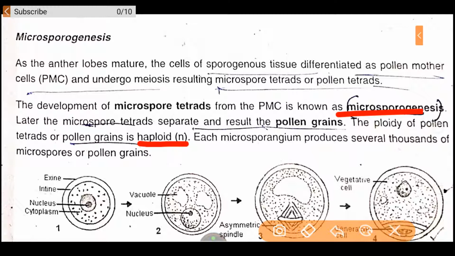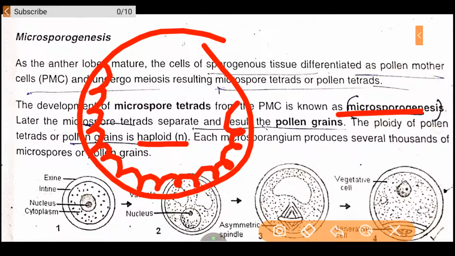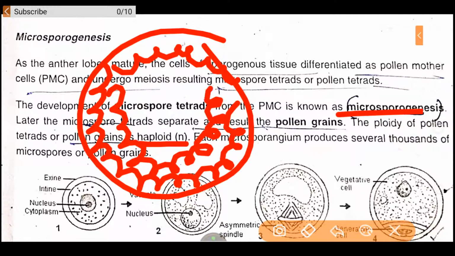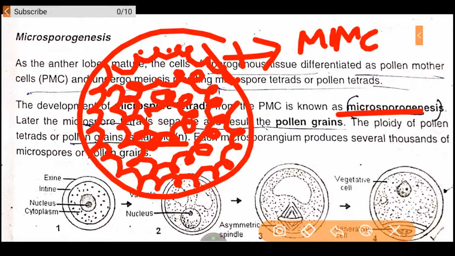Each microsporangium has sporogenous tissue composed of many cells. It's a homogeneous tissue, so all cells are identical. Each cell becomes an MMC, or PMC, which undergoes meiosis and produces 4 pollen grains.